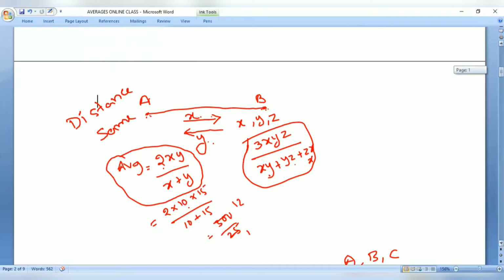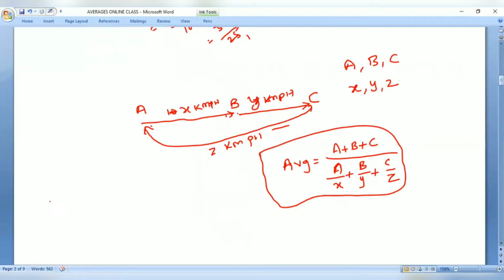If the distance traveled is not same, in this particular situation, if the distances are represented by A, B, and C, and the respective speeds are x, y, z, then if you are asked to calculate the average speed during the entire journey, you can say it as A plus B plus C divided by A by x plus B by y plus C by z.